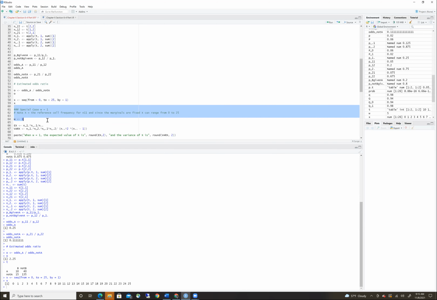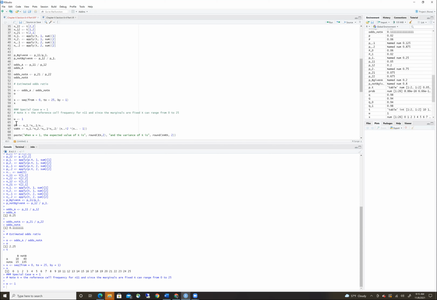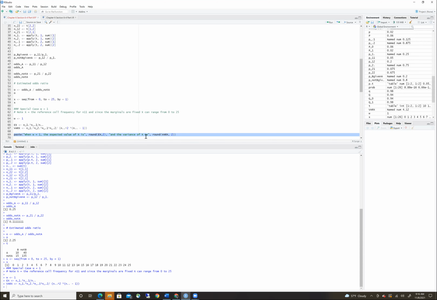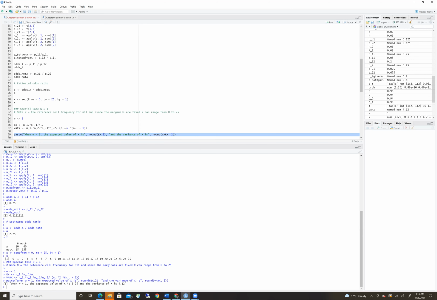And we have a formula that can calculate the mean and variance, okay? This is given in equation 6.40 in the text. And we can calculate the mean and variance as given in those formulas. And then I'm going to use the paste function here, which will allow me to insert text mixed with values of numbers, mixed with more text, and mixed with the values. So here I tell R to say, when omega equals 1, the expected value of X is 6.25 and the variance is 4.12.